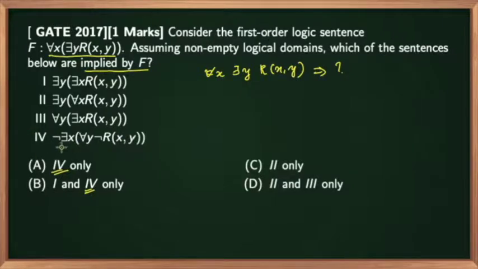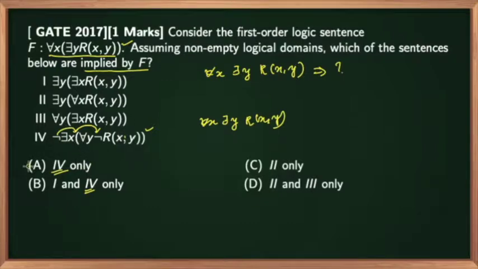If you see choice 4, it says not, so I can take the not inside here, so that will be for all x. Then I can take the not again here, so that will be there exists a y. Then these two nots can be cancelled out, so I'll be getting R of x y, right? So basically this statement and this statement are the same, so I can write this implies this, that is true, right?